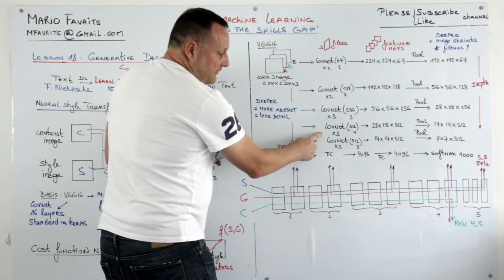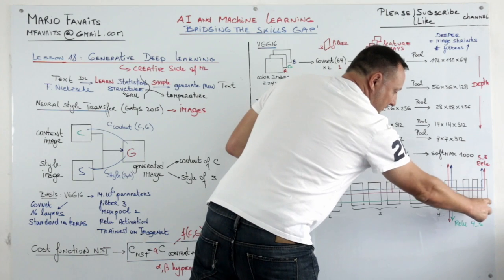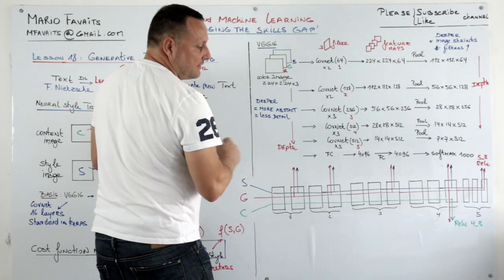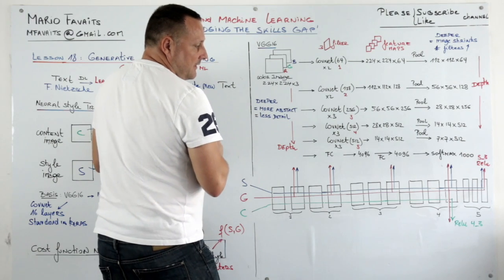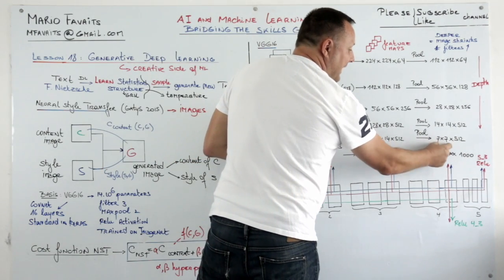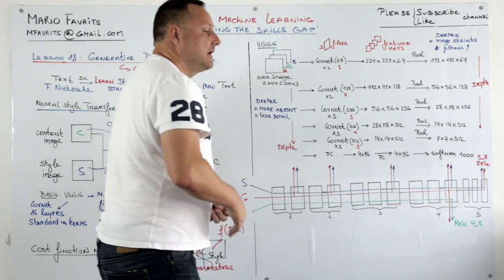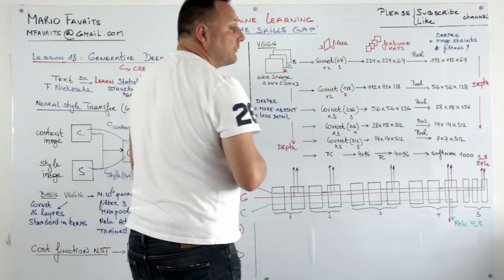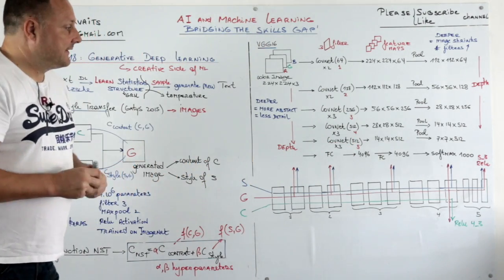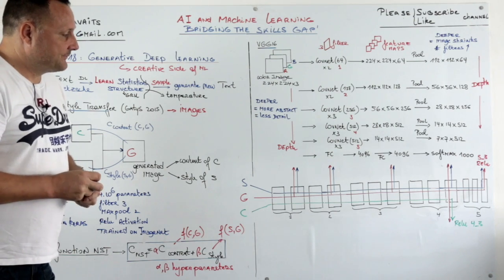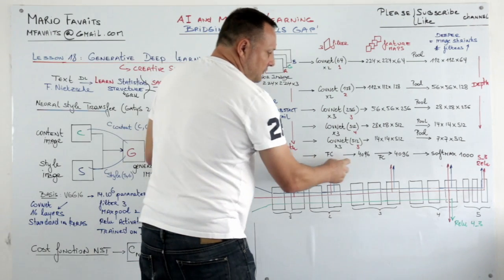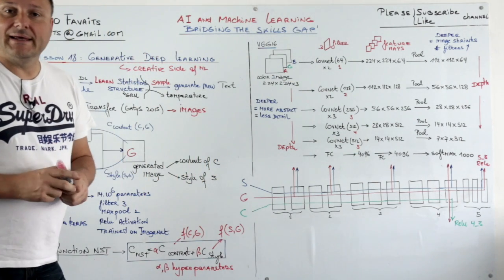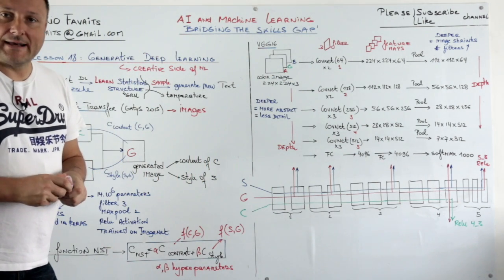Then I have block number 4 and block number 5. At the end of block number 5, after max pooling, we have an image of 7 by 7 by 512. So here you have 512 filters in the final blocks. We then have 2 fully connected layers and a softmax 1000, meaning 1000 potential classes.